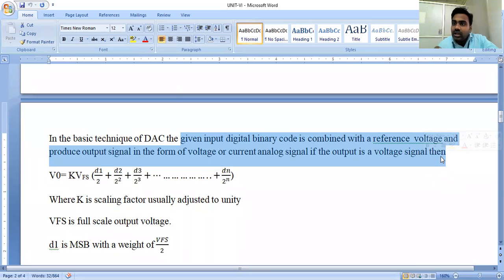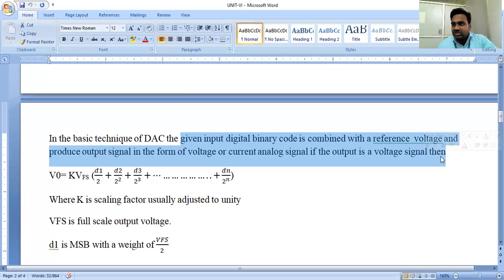That means if we analyze the output signal, it is an analog signal. The output signal may be in the form of voltage, or in the form of current, depending upon the reference quantity we used in the conversion.